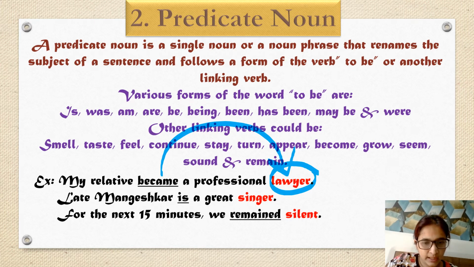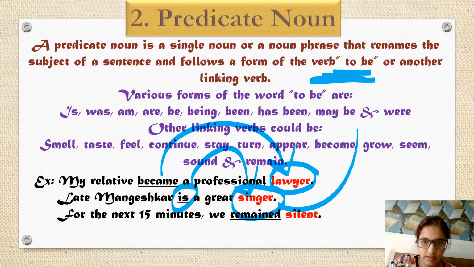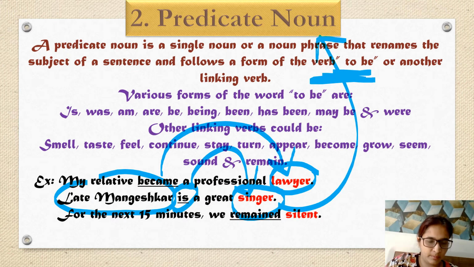Now, "Lata Mangeshkar is a great singer." "Is" is the verb here, a form of the verb "to be," which we saw earlier. Lata Mangeshkar is what? Is a singer. Hence "singer" becomes the predicate noun here, and the subject was Lata Mangeshkar.